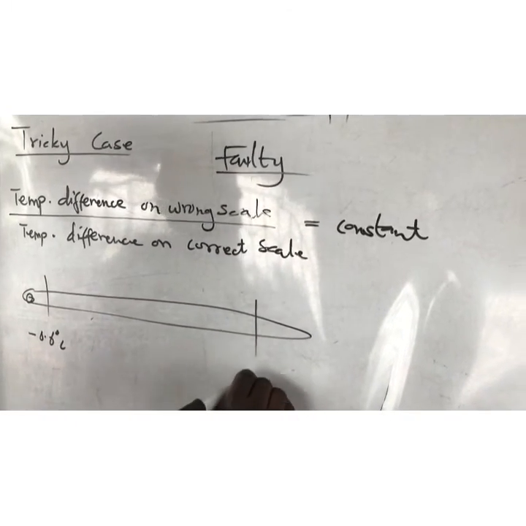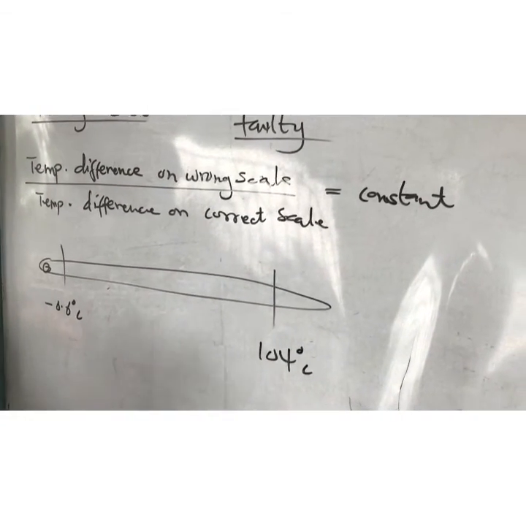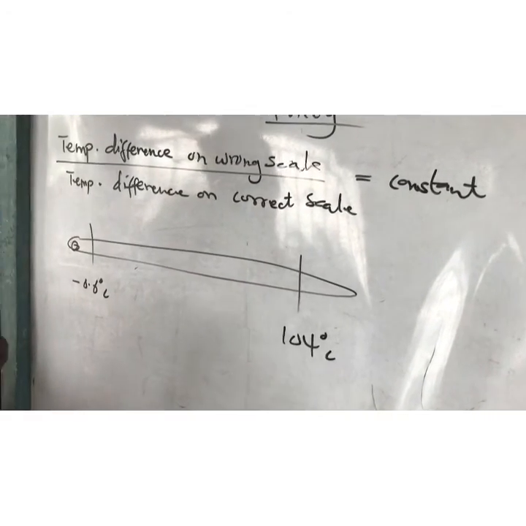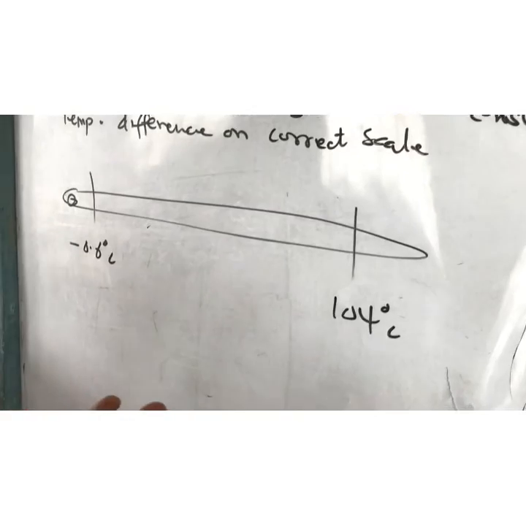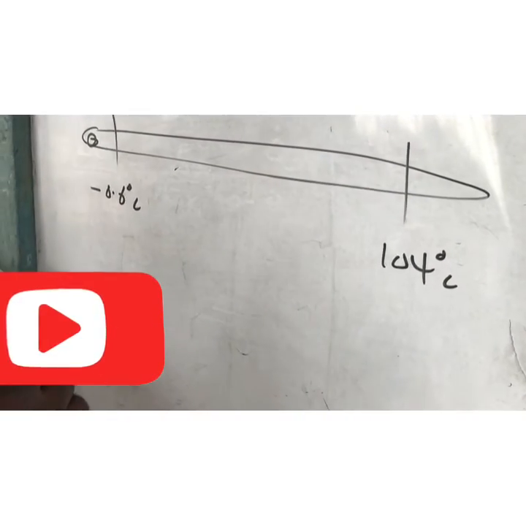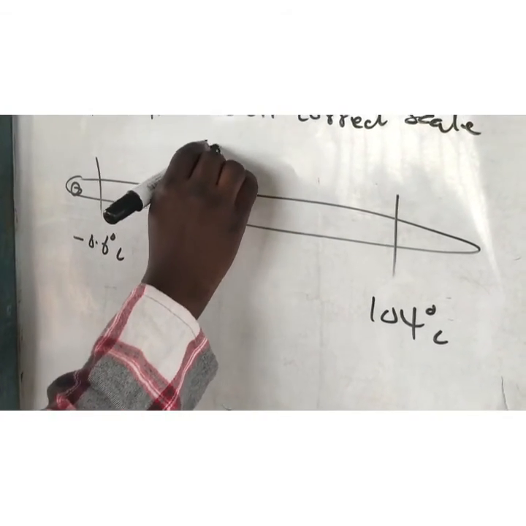Wow, 104 degrees Celsius at the steam point. A body is known to have a temperature. We don't know what kind of body it is, but it is known to have a temperature of 50 degrees Celsius.